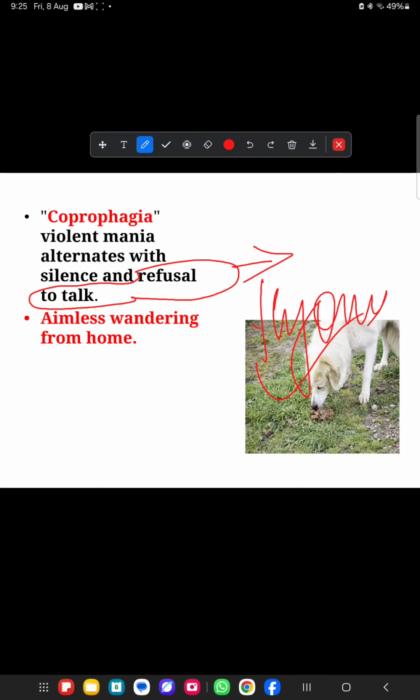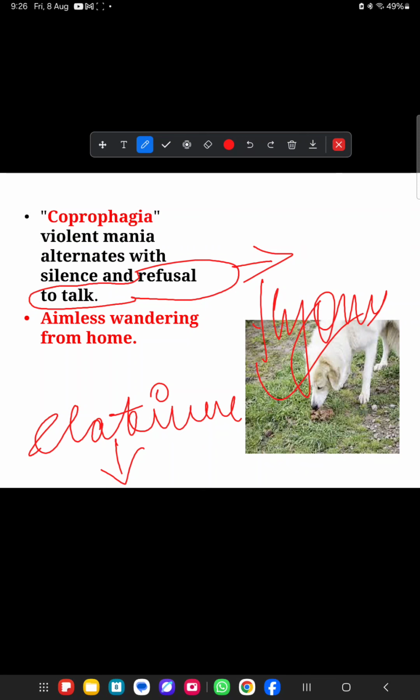If there is an irresistible desire to roam or wander away from home, especially at night, can anyone tell me the name of the medicine? Elaterium is the medicine, as you will find in Boericke's materia medica: an irresistible desire to wander from home at night.